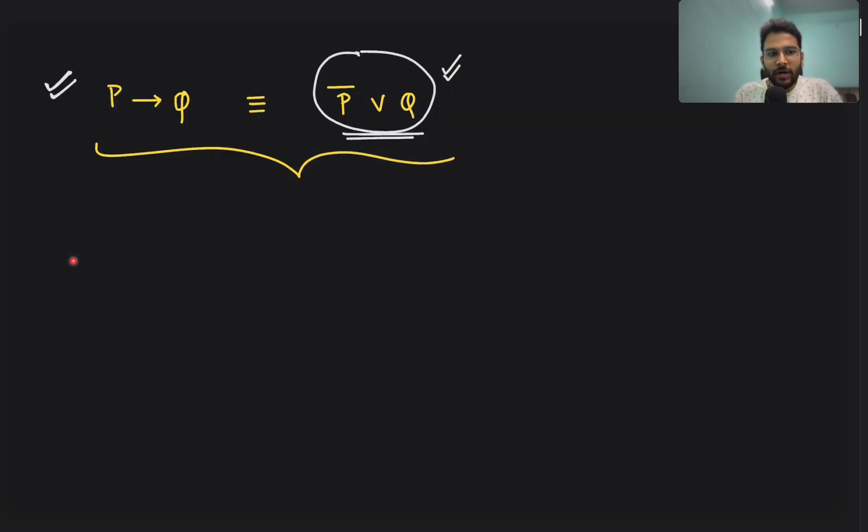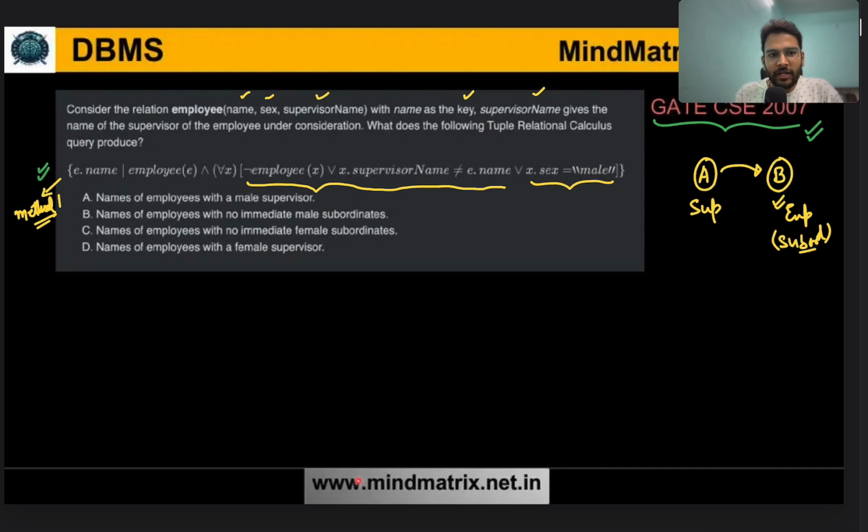Now, I'm just rewriting this query again on this slide, carefully see. So E dot name, that's what we need to find out, where E belongs to employee. I'm just writing EMP for employee. Now, for all X, now carefully see this.